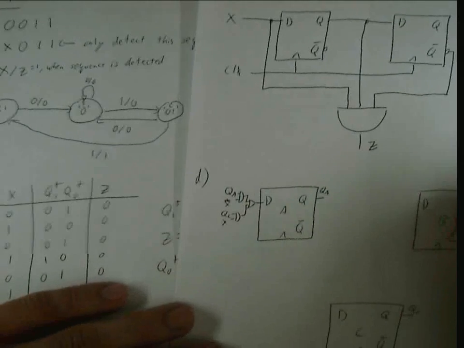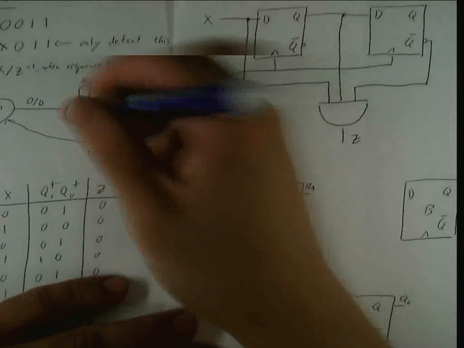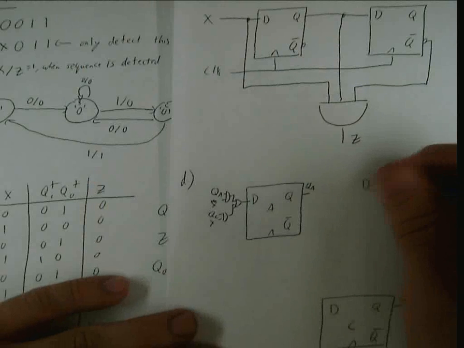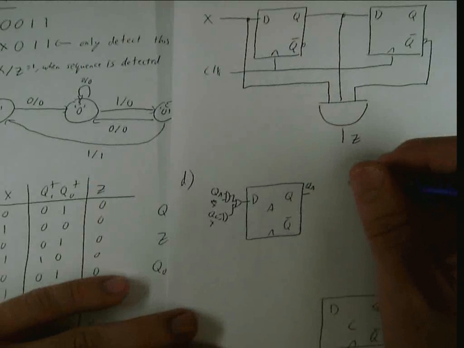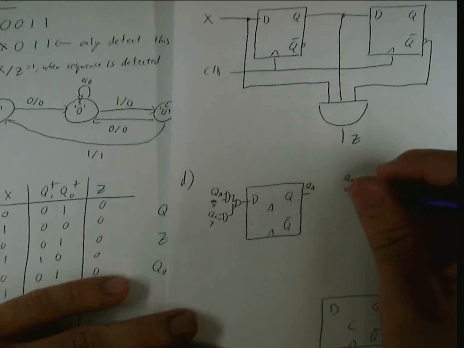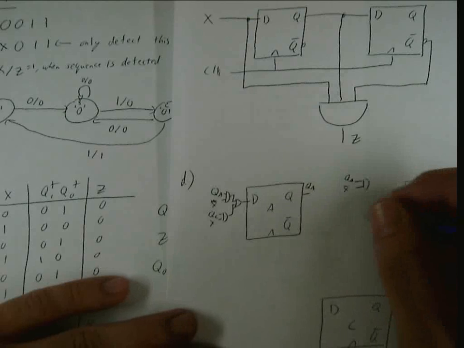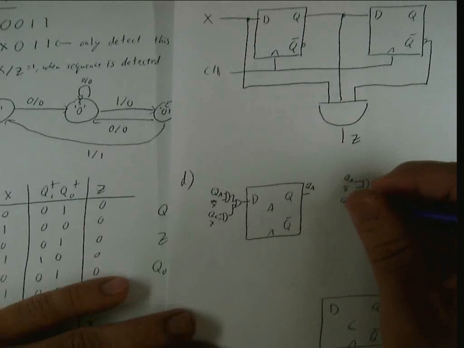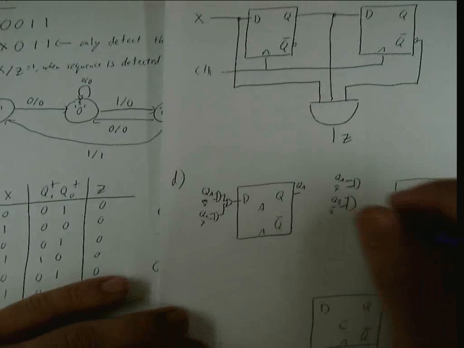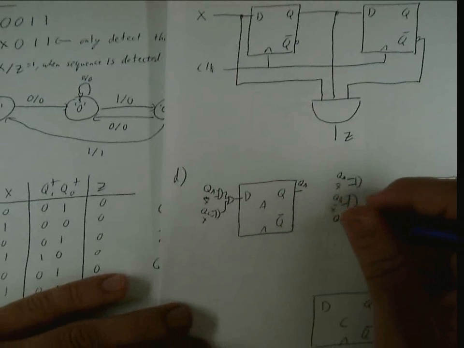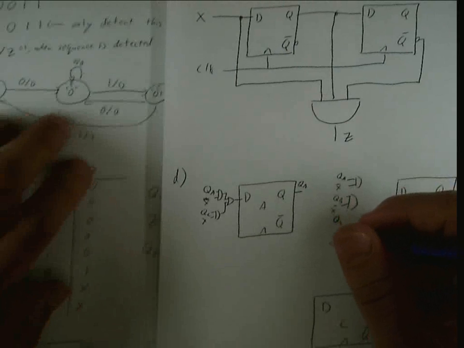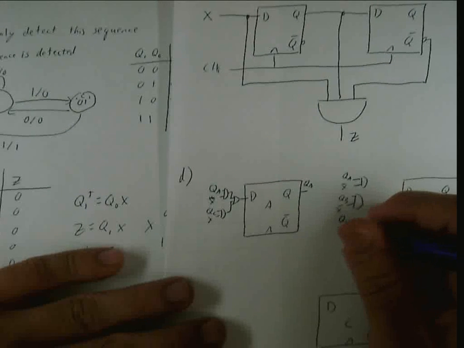And then here I've got QB, has 3 inputs, so this is going to have an AND gate, and it's going to be QA X bar and QB X bar and QC along with X bar as well.